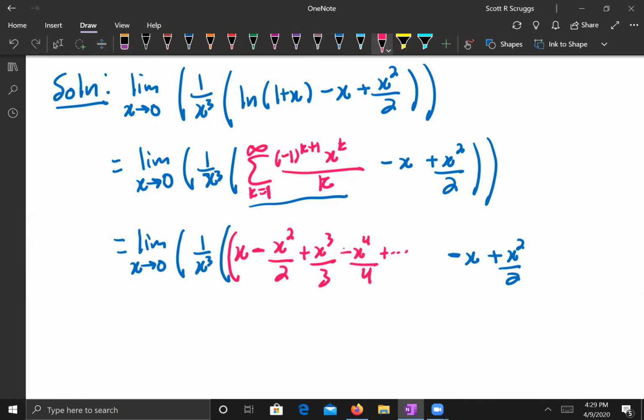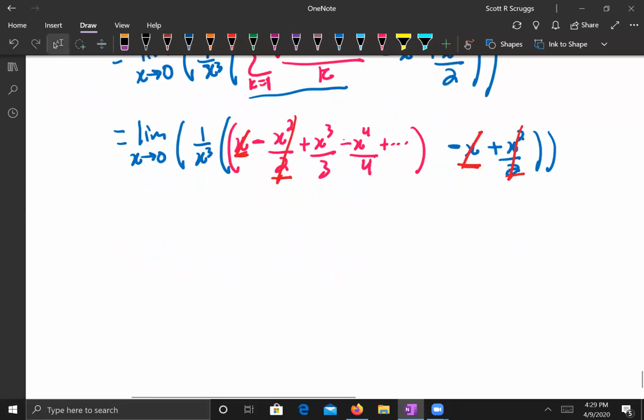And I'll put parentheses here to make it clear that that's going on forever. And so because of this, I have a plus x and a minus x popping in. Oh, let's close those parentheses. Which means those x's are gone. I have a minus x squared over 2 and a plus x squared over 2.